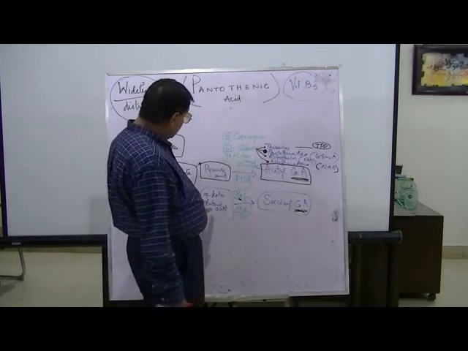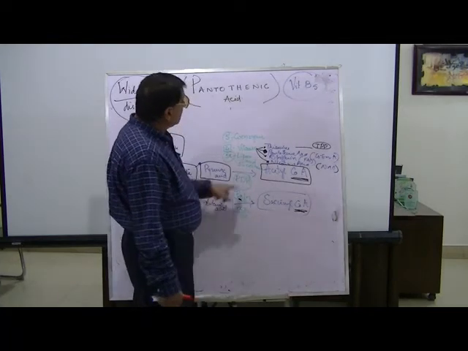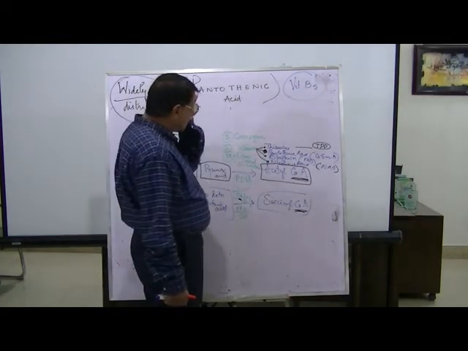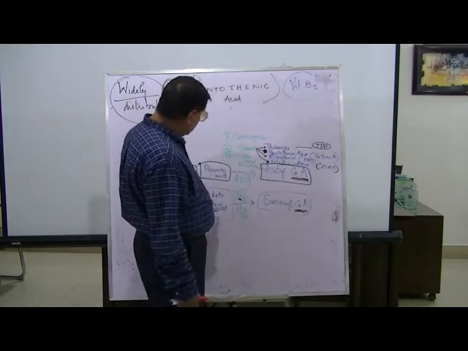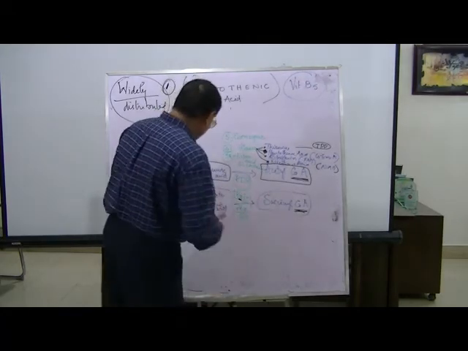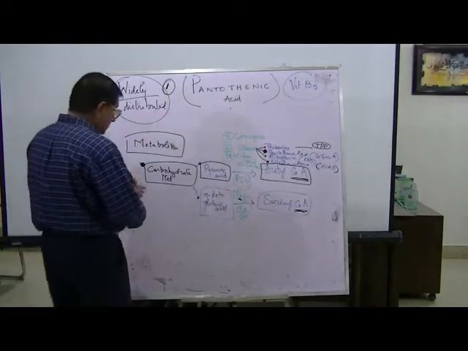And in the citric acid cycle, the next point where pantothenic acid or coenzyme A is involved is the conversion of alpha ketoglutarate to succinyl CoA. So this is very important.